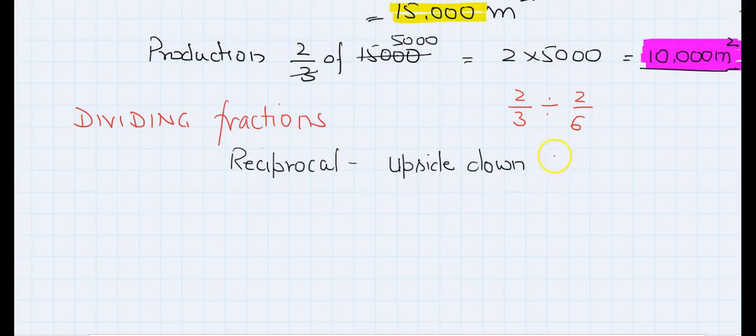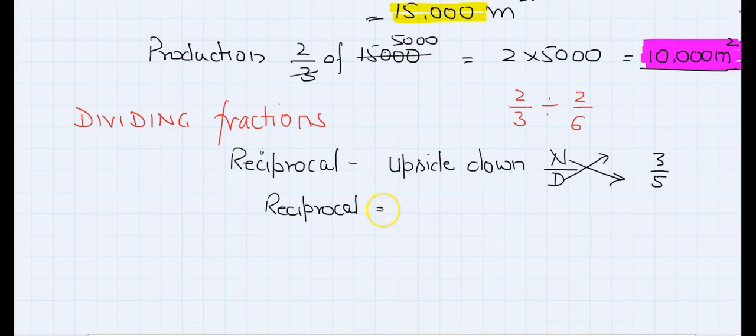If our fraction is numerator upon denominator, the denominator will become the numerator and the numerator will become the denominator. That is called the reciprocal of a fraction. For example, if the number is 3 over 5, the reciprocal of 3 over 5 will be 5 over 3.